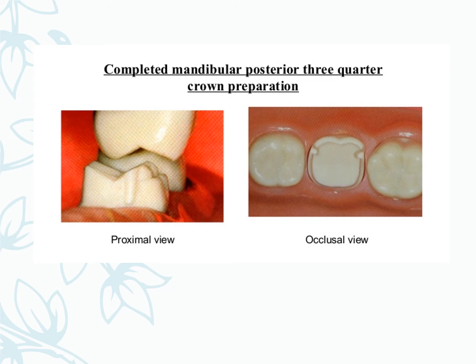So the name itself is defined by the number of axial walls that are involved, except for a slight bevel or chamfer that is placed along the bucco-occlusal line angle. The entire buccal surface is left intact, and the other surfaces, that is your mesial, distal, and lingual surfaces are prepared, and also the occlusal surface is prepared. So this is called a three-quarter crown.